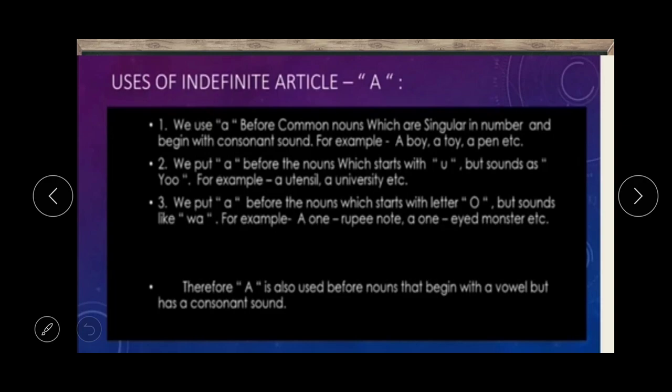But in the word one, the letter o is not pronounced as o, but instead it is pronounced as wa, and it is an exception in pronunciation. That's why we shall put a before this kind of nouns.